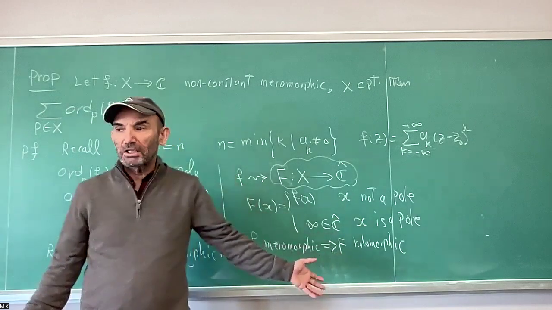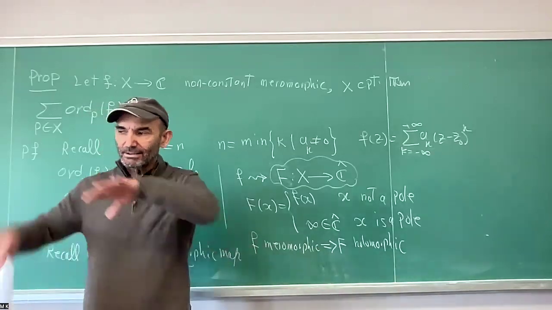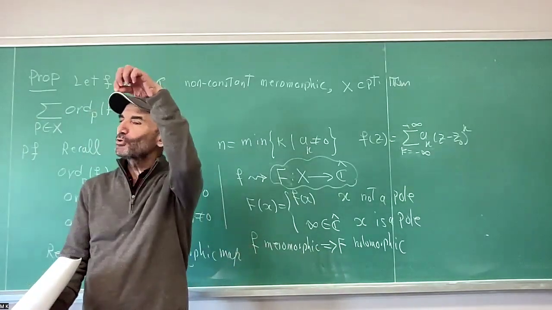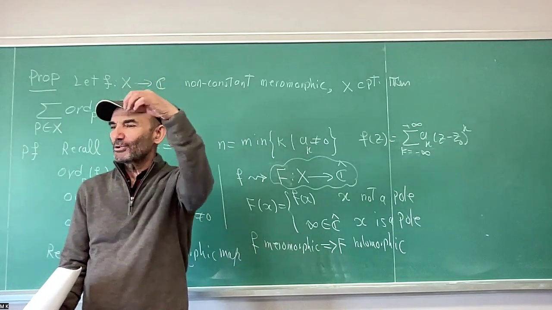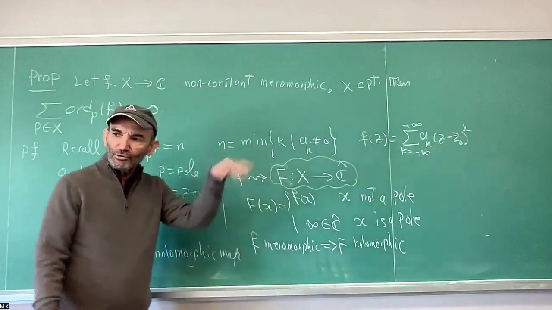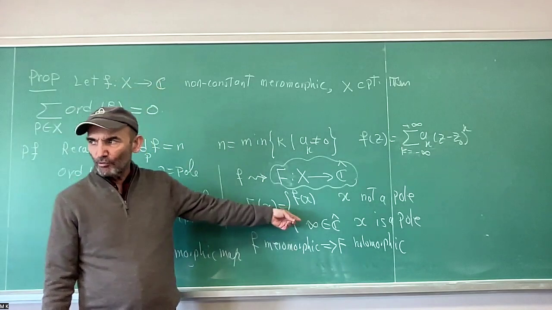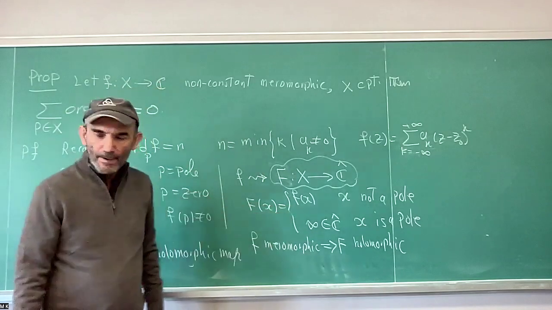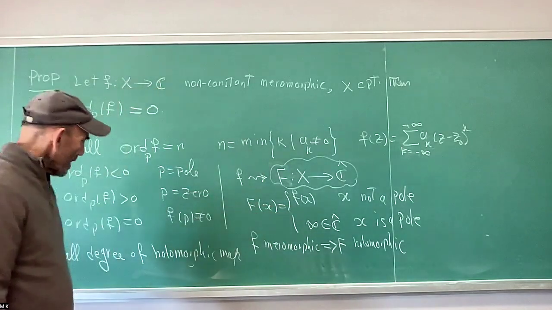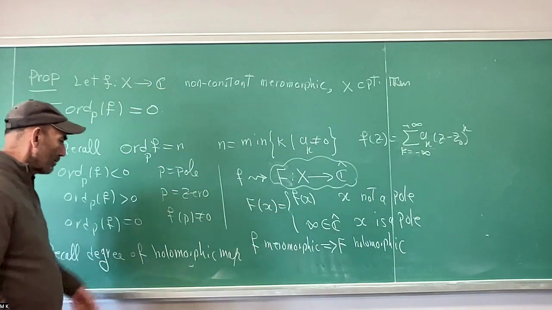Nothing is special about infinity in this case. It's just the North Pole. If you write the coordinate system, you notice that it comes from the definition of being meromorphic at that pole. Okay, so now let's call the degree of this holomorphic map.